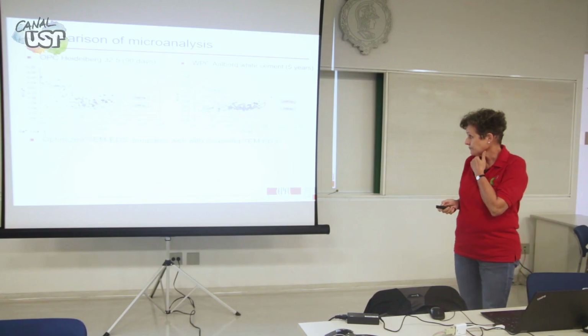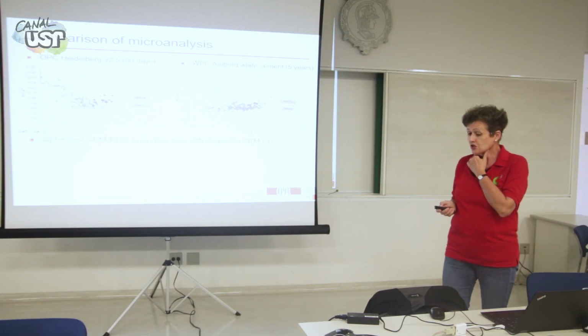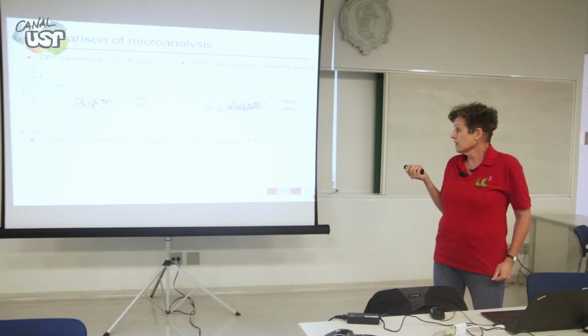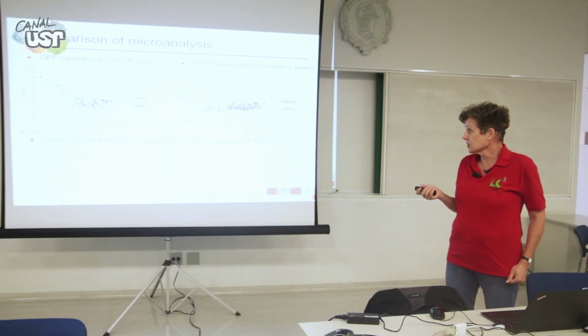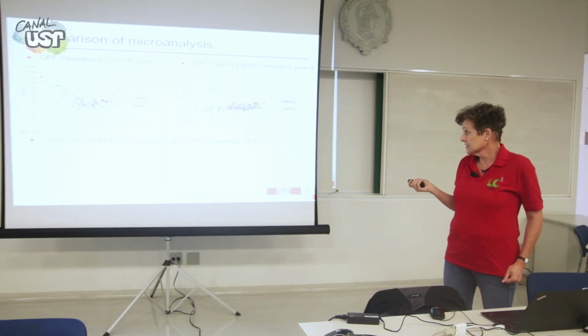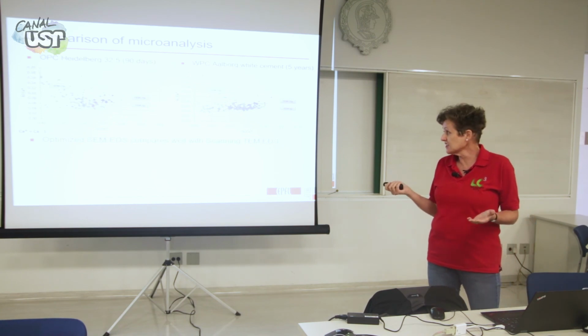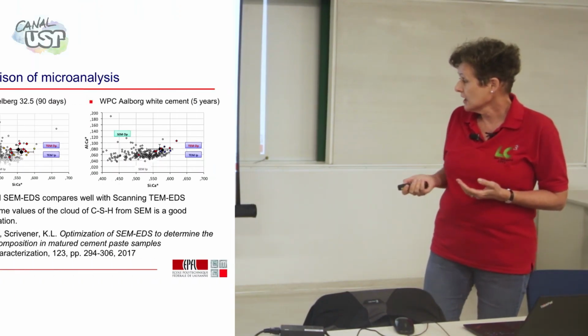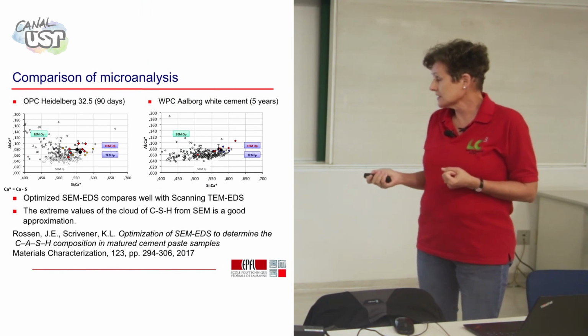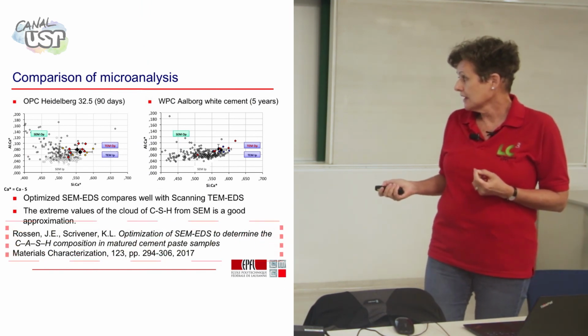And so if you optimize your analytical techniques in the SEM, you can get a result for the CSH that compares very well with TEM, and therefore it's much, much easier to do it by SEM than TEM. This value at the edge of this cloud is a very good approximation, and if you want to learn more about that, that's all published in a lot of detail in this paper in Materials Characterization.